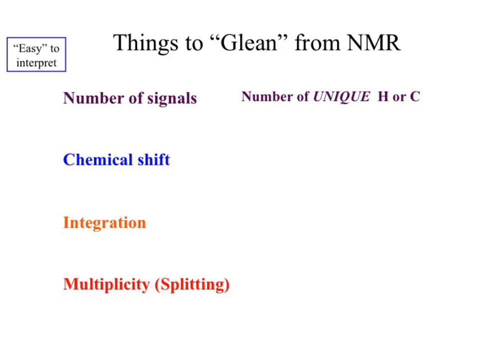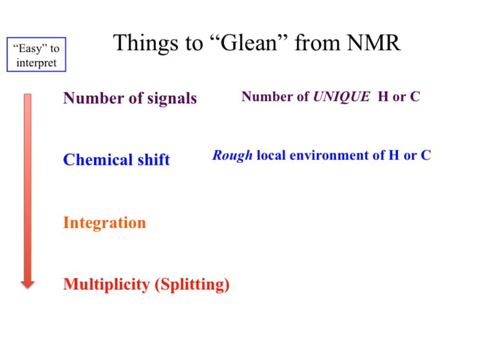Well, we got 5 different types of hydrogen. Remember, it's a type, not the amount. Because it could be the same type showing up in multiple places, or have lots of symmetry. All of those signals are going to show up at the exact same chemical shift. All we'd see is one signal. Okay? So it gives us the number of unique hydrogens and carbons.